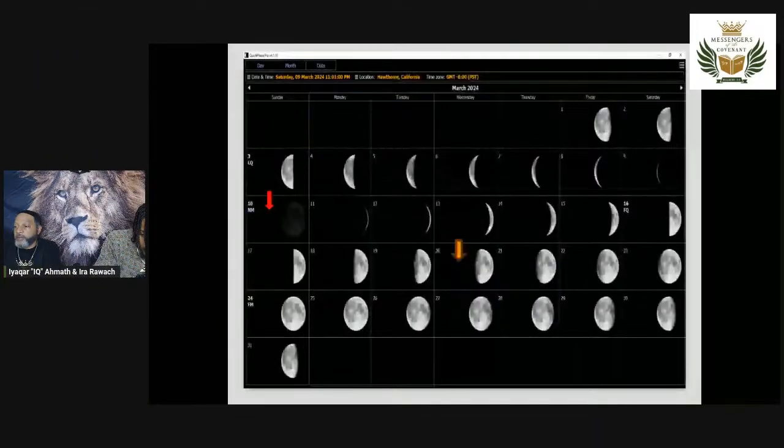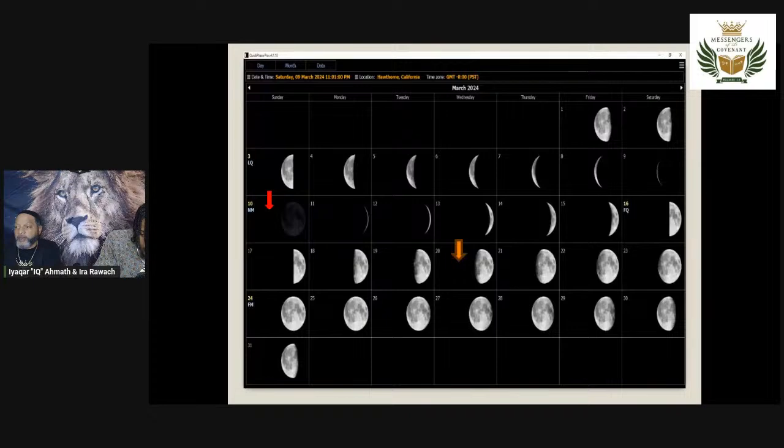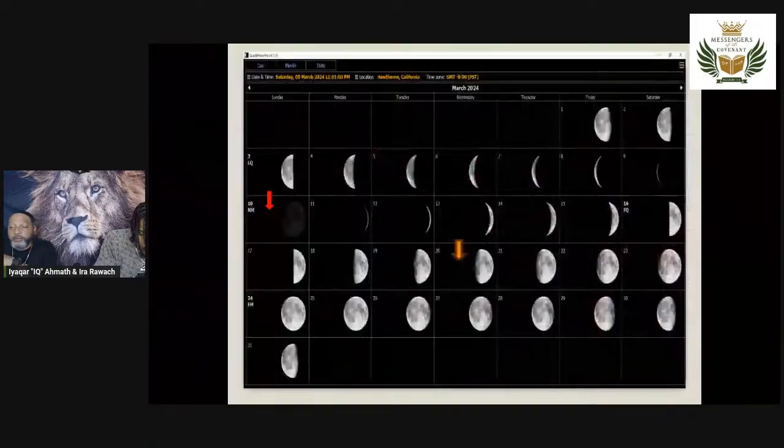Almost done. Let's jump over to Exodus 9. I had this highlighted, but I think I just covered it by going through the cycles.